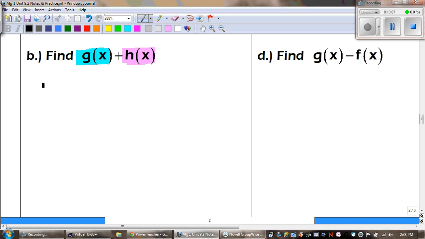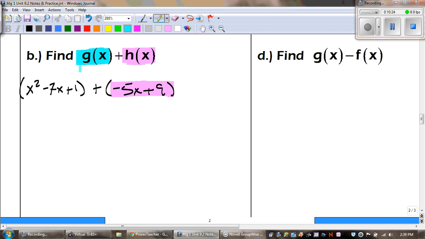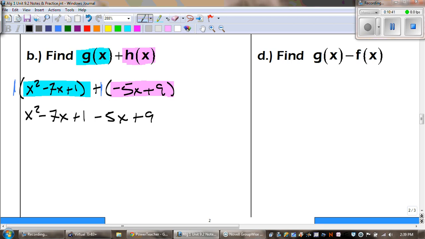So g of x is x squared minus 7x plus 1, and we're going to add that with h of x, which is minus 5x plus 9. Remember, that was our pink and that was our blue. And when we distribute a positive 1, nothing changes. So it's x squared minus 7x plus 1 minus 5x plus 9.